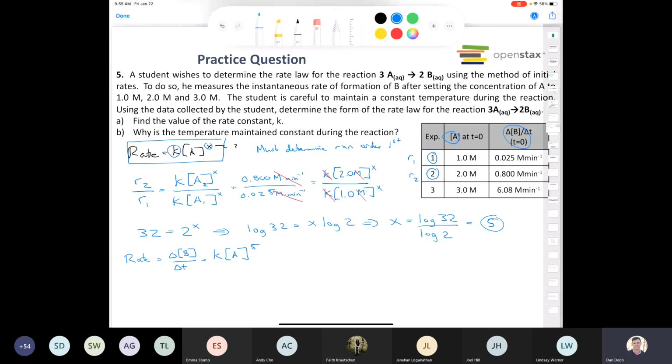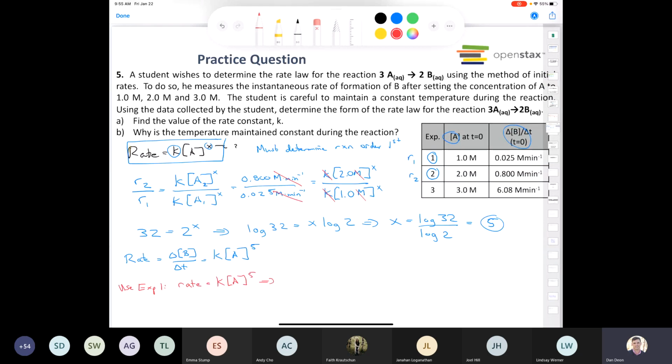Now that we have that, and we have 3 experiments, we can determine our K, can't we? Right? So let's do that. Find the value of the rate constant. Let's just use experiment 1. So rate is equal to K times the concentration of A to the power of 5.